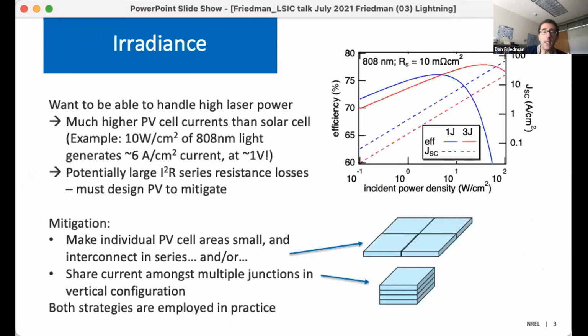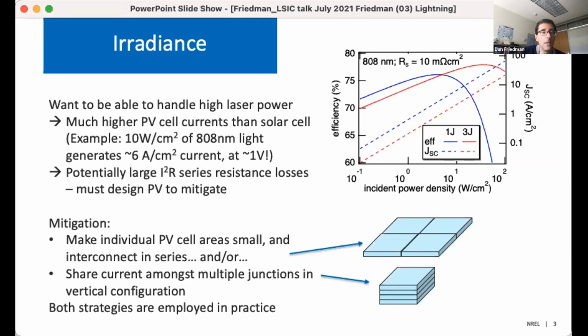One of the big advantages, but also challenges, of designing these devices for receipt of laser light is that you can accept very high input power densities, which enables you to transfer more power. That's obviously desirable, but it's also a challenge, because the more power you're converting from a laser, the higher the currents the device is producing.